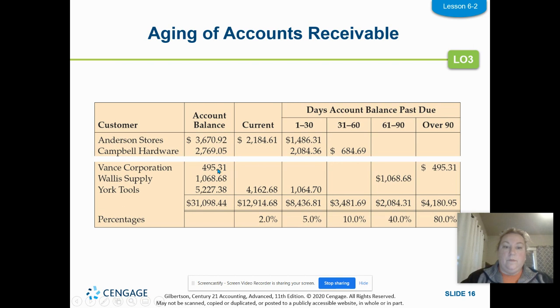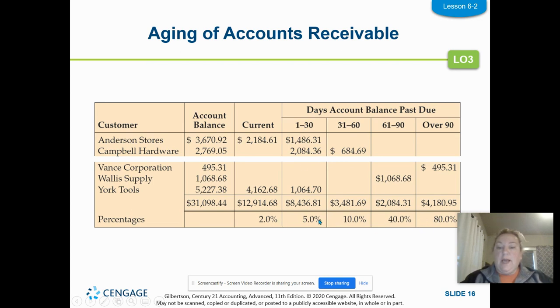So here are our customers. Here's how much they owe us. This is how much they have currently spent in the last month. And then this tells us how many days past due they are. Notice the percentages on the bottom.